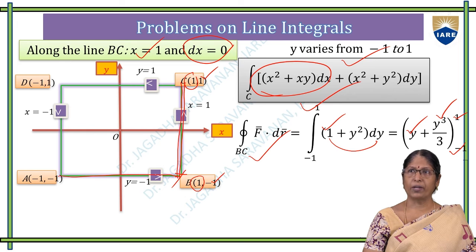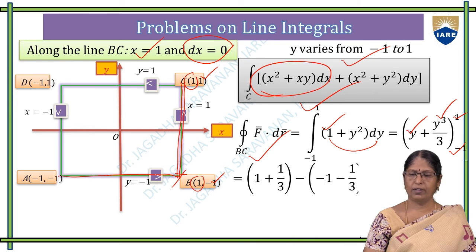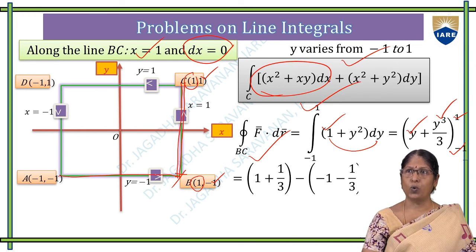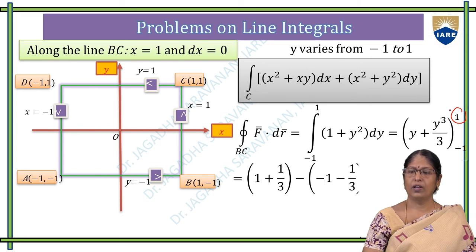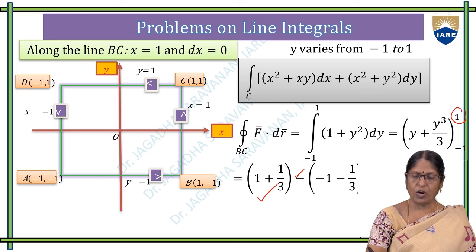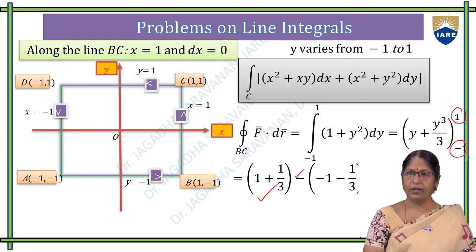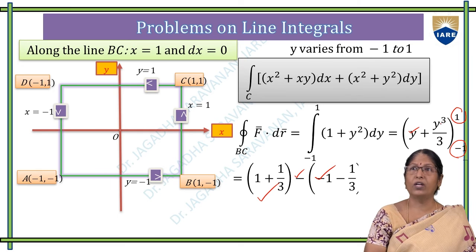Now we will substitute the limits. The upper limit is 1, so 1 plus 1 by 3. Limit formula sign: minus 1 is our lower limit, so in the place of y we substitute minus 1, giving minus 1 the whole cube, minus 1 divided by 3.